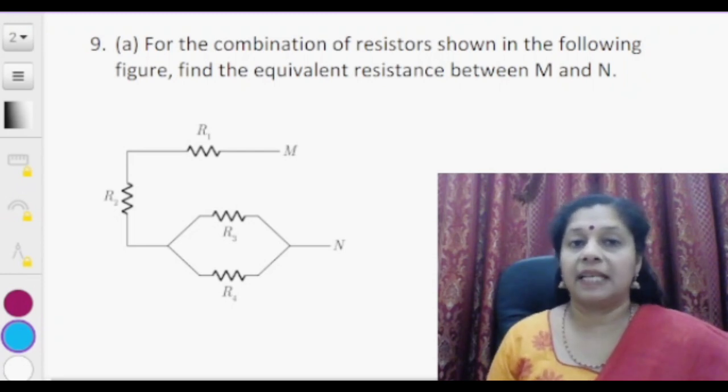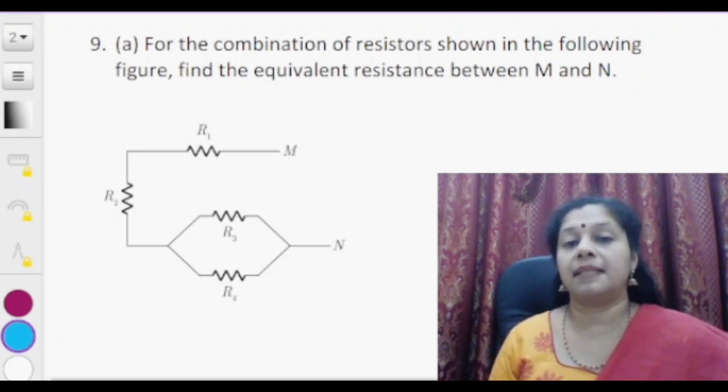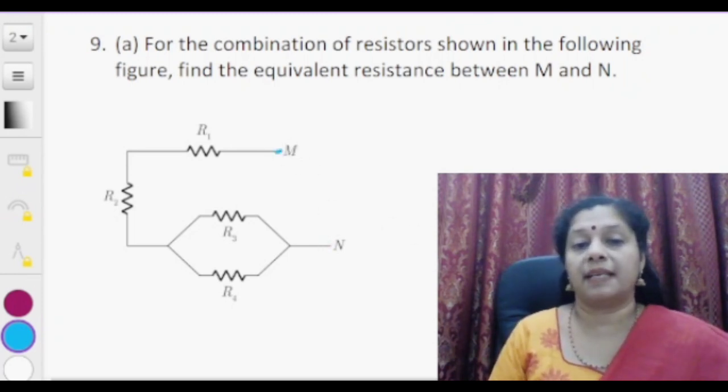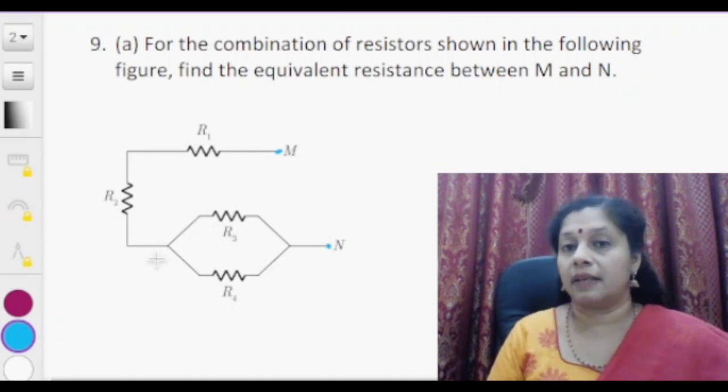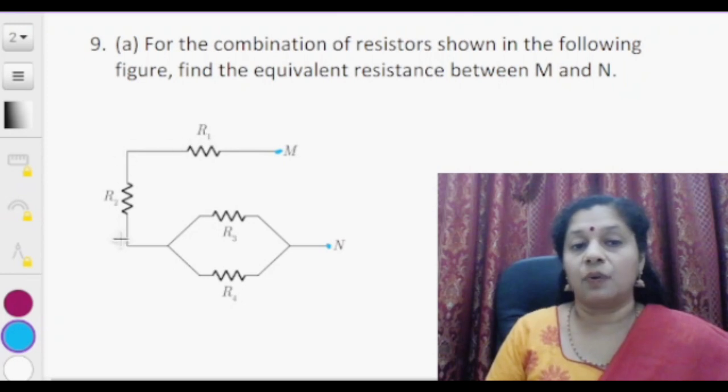Next question is from electricity. For the combination of resistors shown in the following figure, find the equivalent resistance between M and N. So these are the 2 points M and N. We have to find the equivalent resistance. So it's a very simple one. We know that R1, R2 are in series. They are connected in series to these two, R3 and R4, which are connected in parallel.